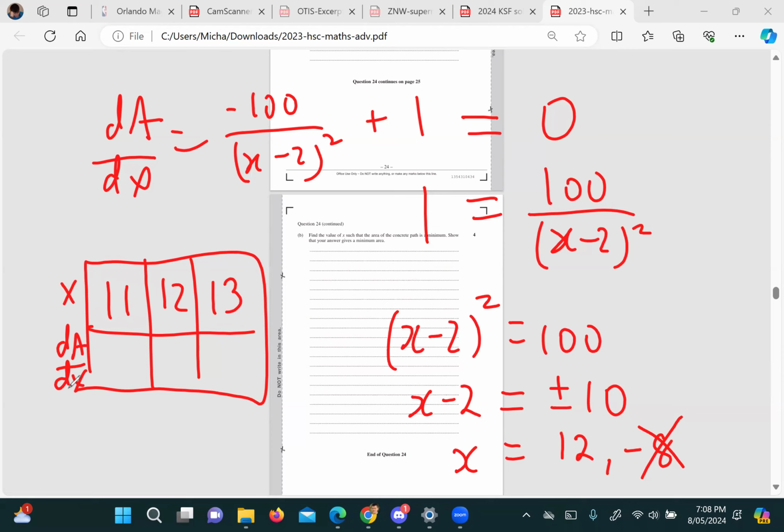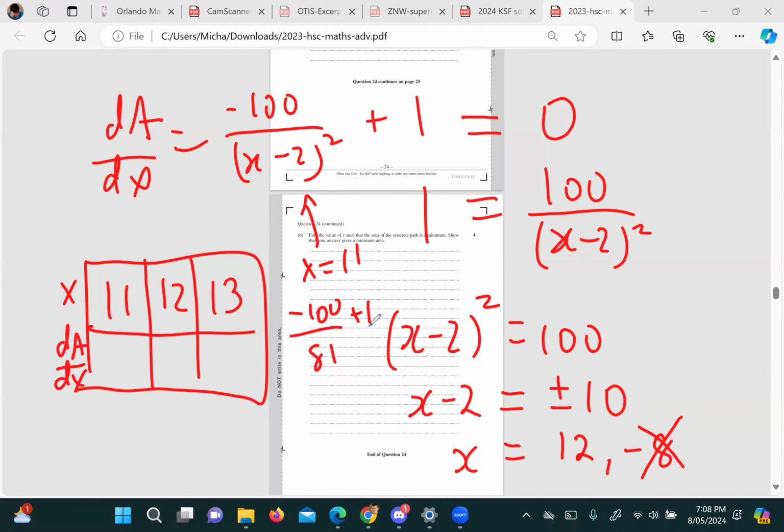Yep. Okay, then so you put x equals 11 here. You get minus 100 on 81 plus 1, yeah? So minus 19 on 81.